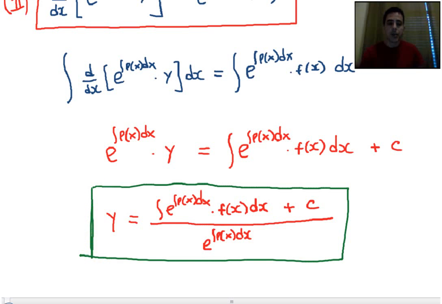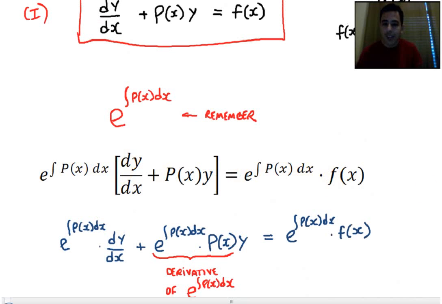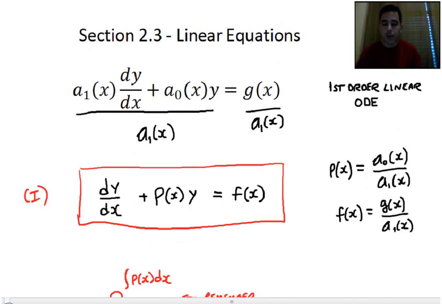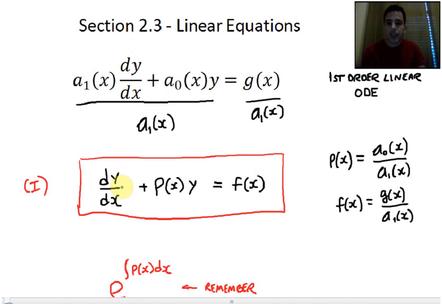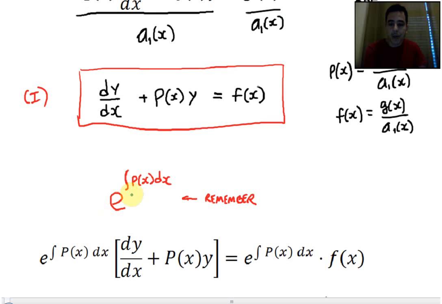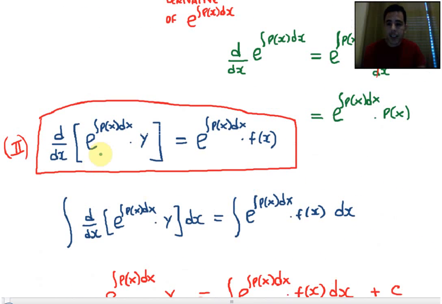Okay, to make it simpler, don't memorize the formula. Just try to understand. I mean, you have to memorize two pieces of information here. First, the strategy is to write the differential equation in this form. Why do we want to do that? Because then we can use this special term, so that's the other thing you need to memorize. Just remember this special term. When you multiply both sides of the equation, then you're going to get this.